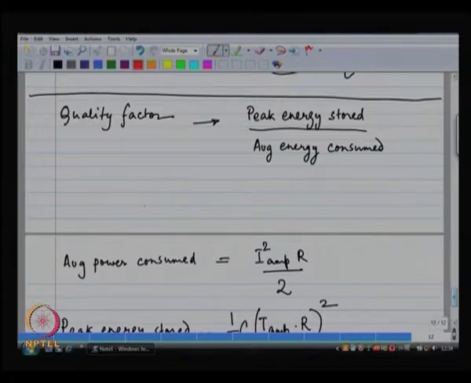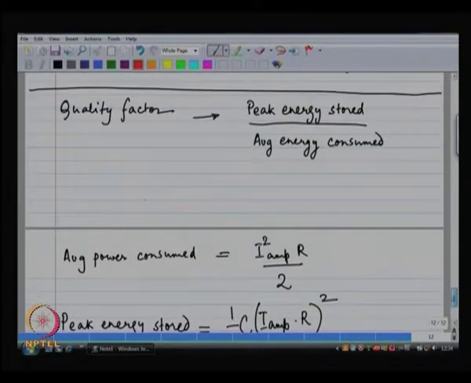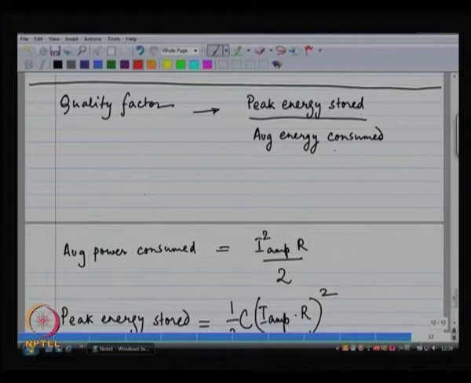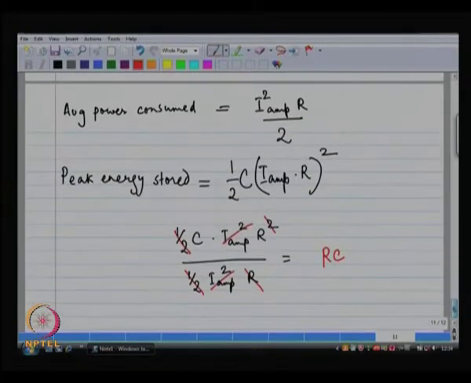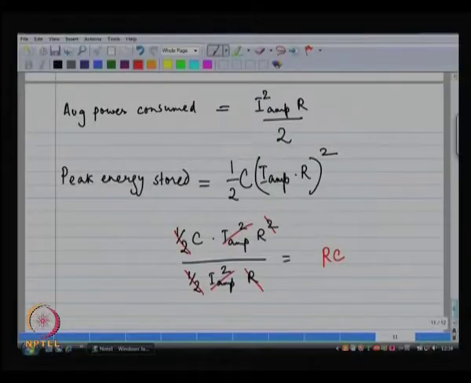Average energy consumed per cycle. This is the average power consumed. All right. So, what is the average energy consumed?